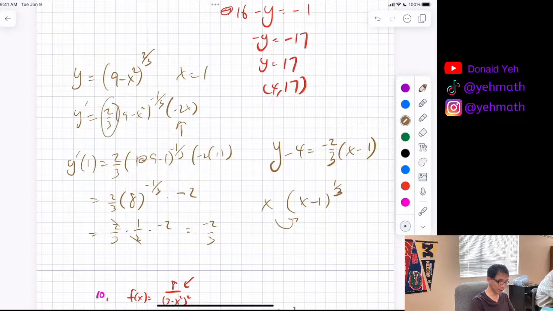This one? This one cannot distribute. This is negative 1/3 power. You cannot distribute to other power than 1. But isn't 2/3 to the power of 1? Yeah, but you cannot distribute to negative 1/3 power. They are different type of power.